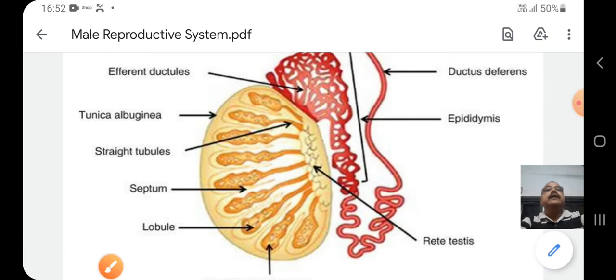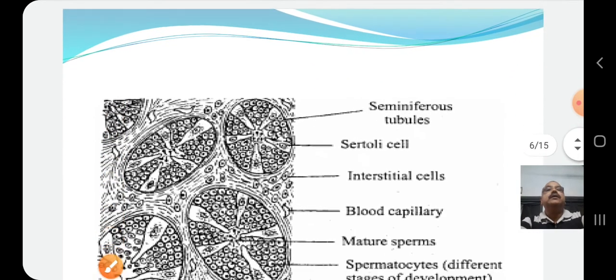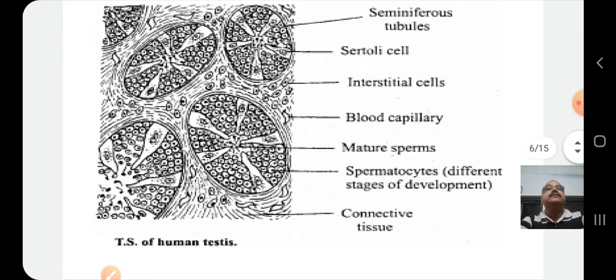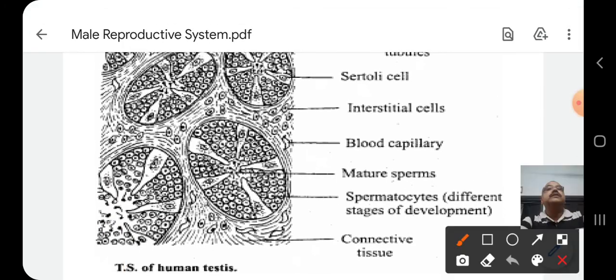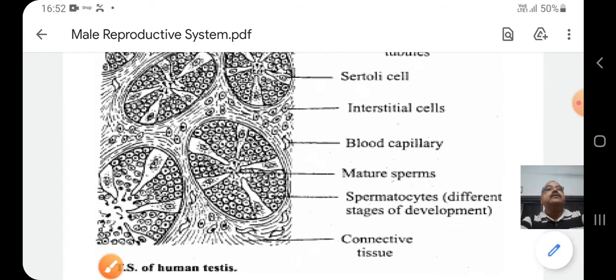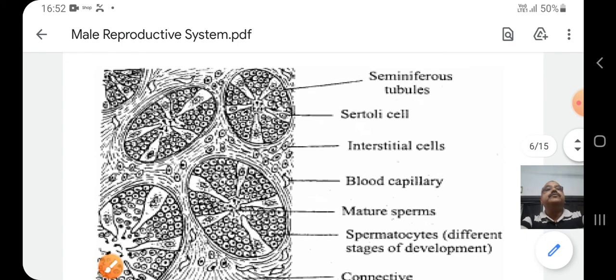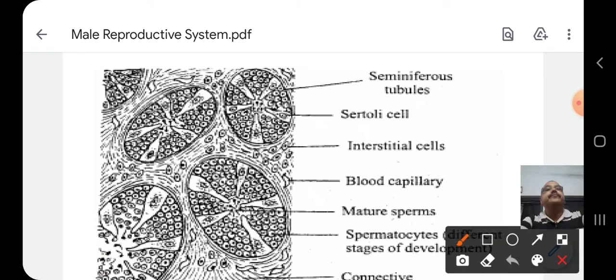Let us go to another picture, which is the TS of testis, that means transverse section of testis. In its transverse section we find seminiferous tubules in cross section. Inside the seminiferous tubules there are spermatocytes in different stages of development.